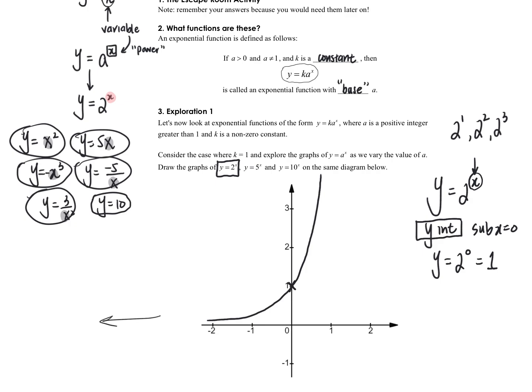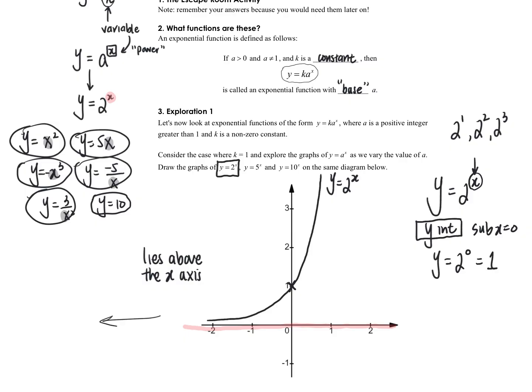You raise 2 to that power, you will never get 0. So for an exponential graph, it will always lie above the x-axis. So this is your y equals 2 to the power of x.